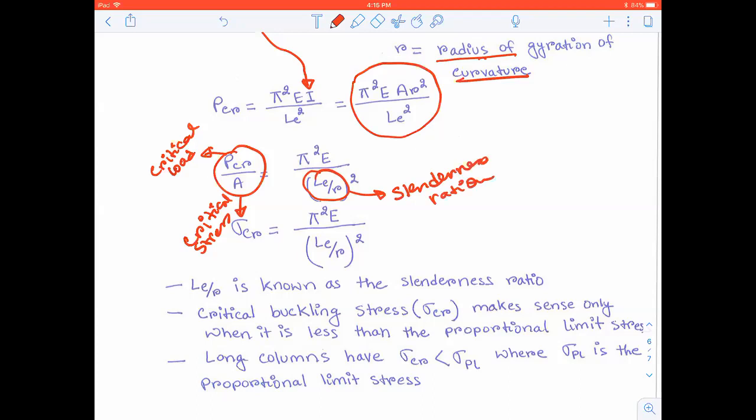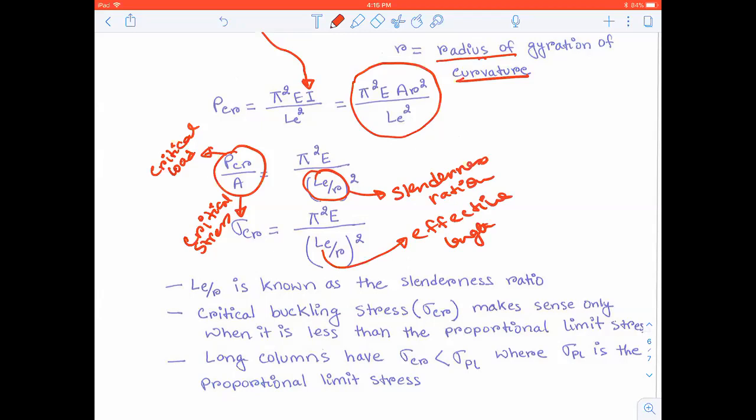And what is L_E, people? If you recall from my last lecture, effective length depends on the end condition. Is it pinned, free, what type of column you have?